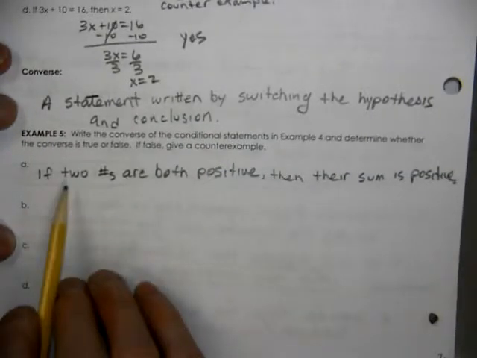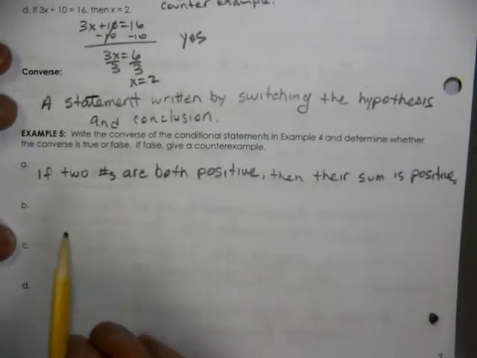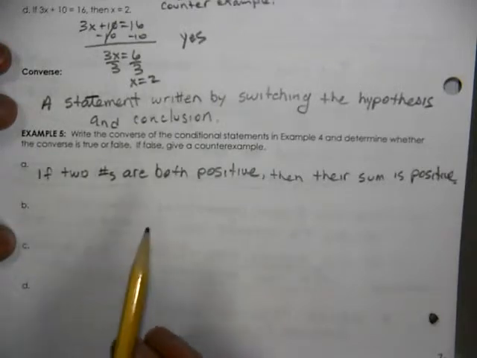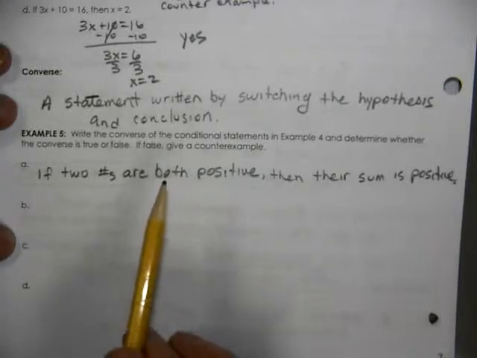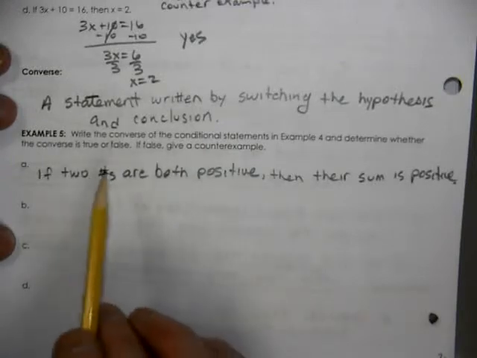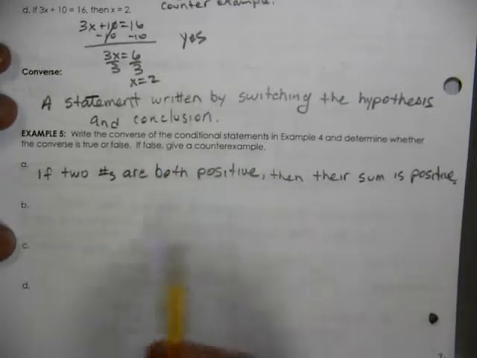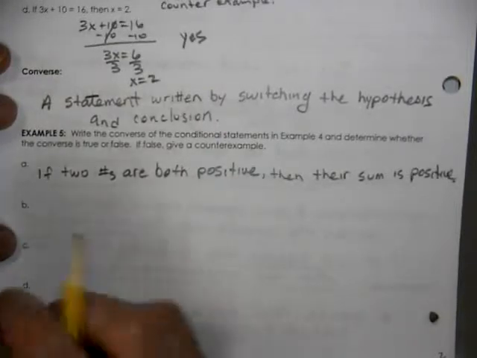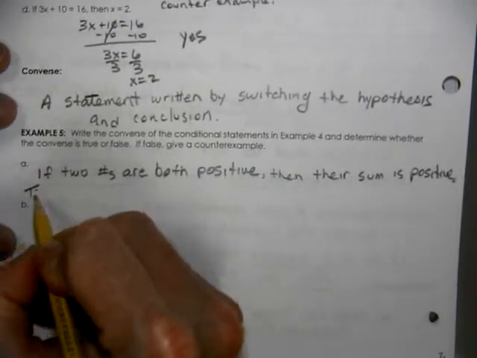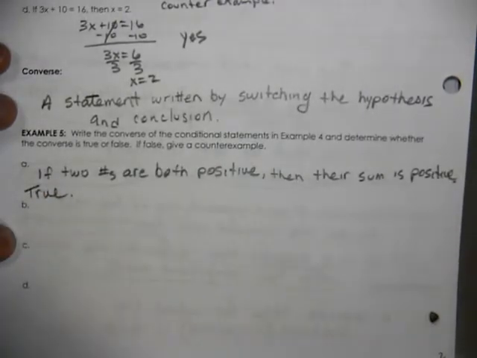So what do we think about that? If two numbers are both positive, 3 and 5 make 8. That is positive. 7 and 9, two numbers that are both positive. 7 and 9 are 16. To me, you can't prove something true because of examples, but sometimes it helps us to understand what's being asked. This happens to be a true statement.